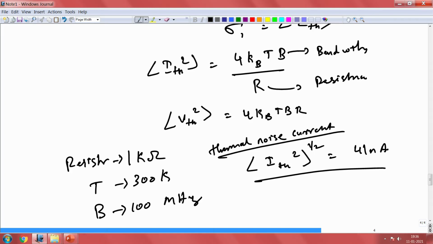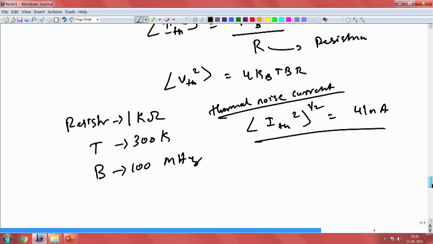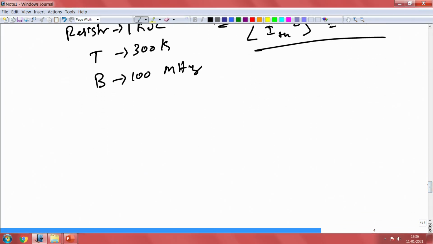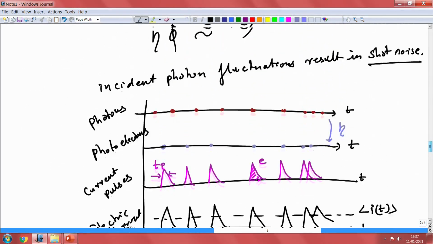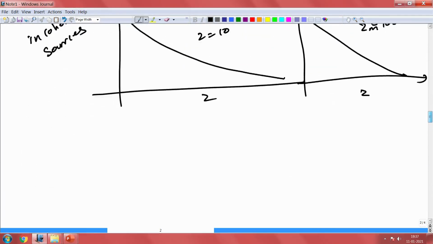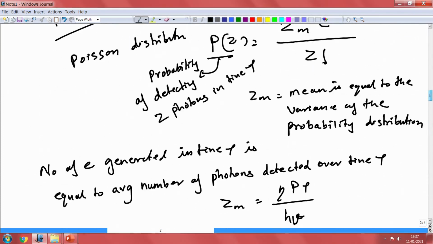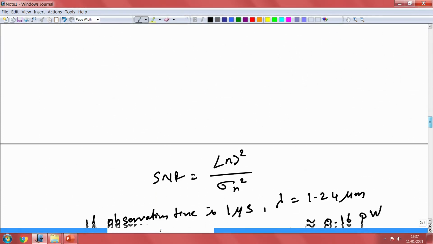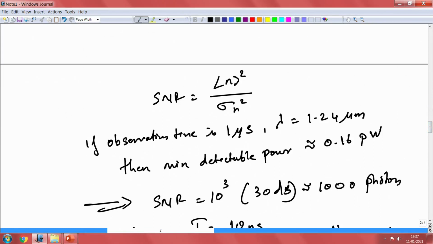And finally, let us look at something very interesting. This is similar to signal to noise ratio, which we defined earlier, a metric of the measurable power with respect to the noise power.